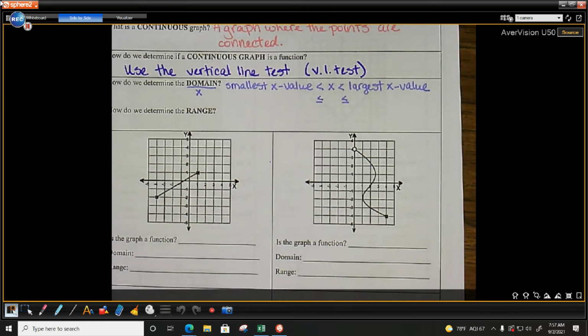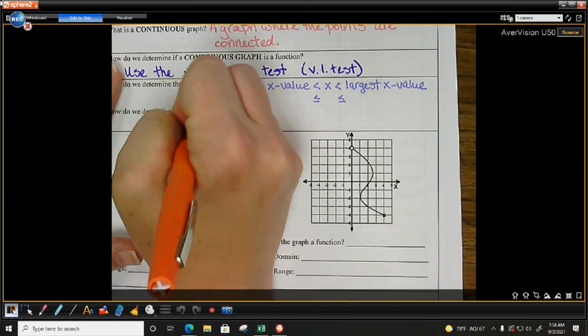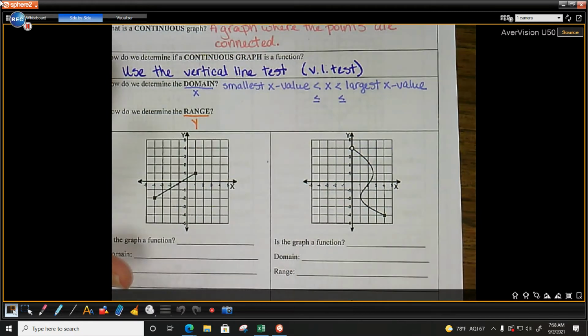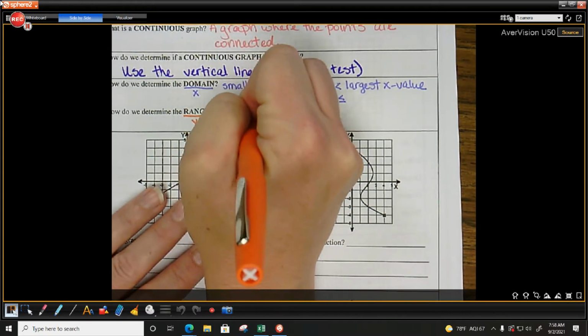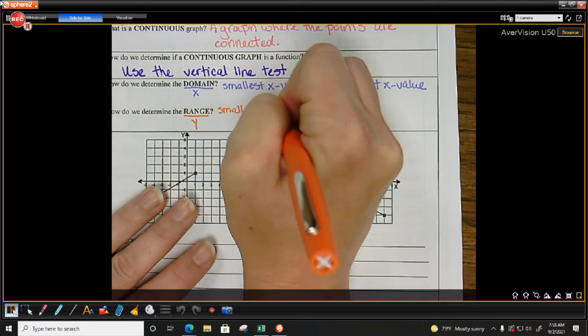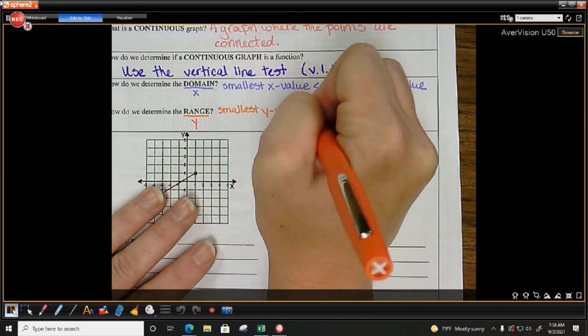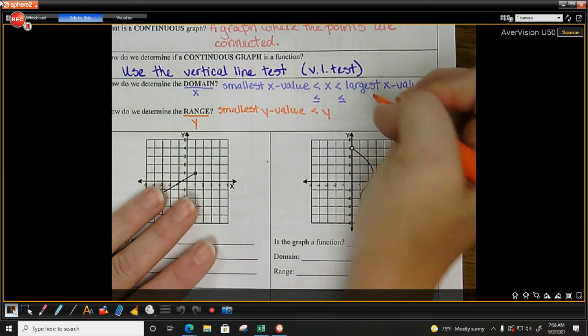Okay, when we do our range, what variable is it? Y. We're following the same exact setup because we do range also from what number? Smallest number to the biggest number. So we're going to choose the smallest y value less than, we're not going to put x in the middle because range is y.